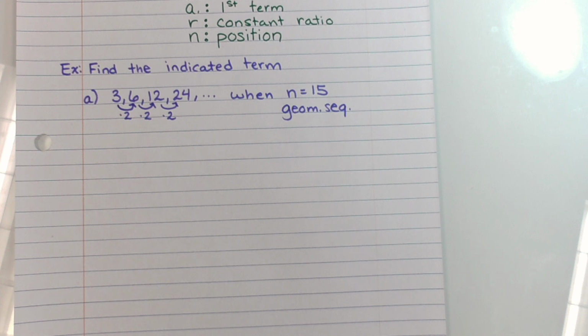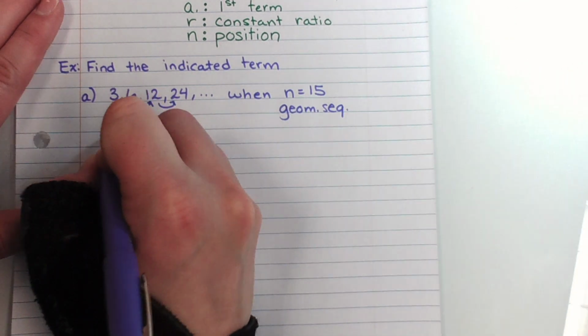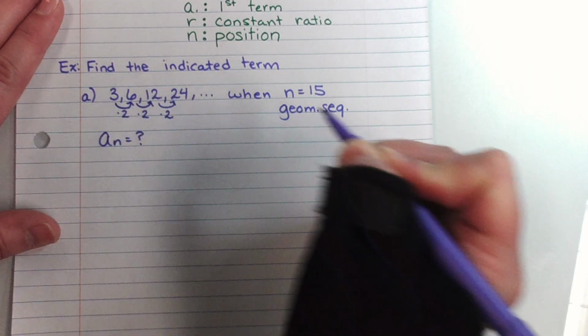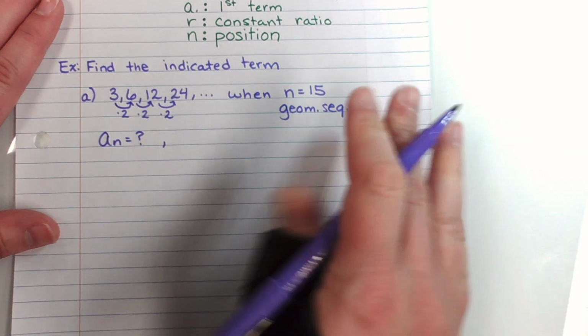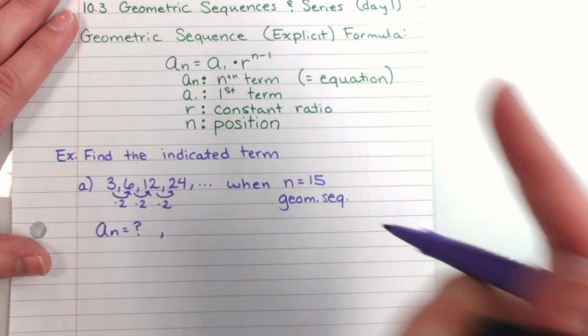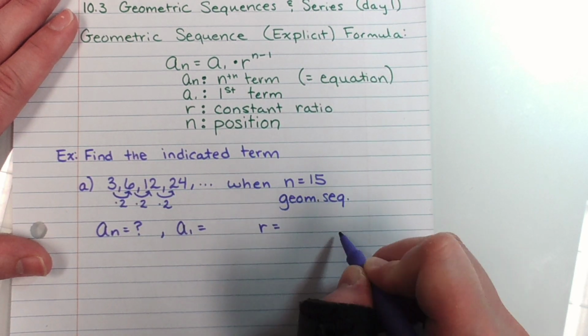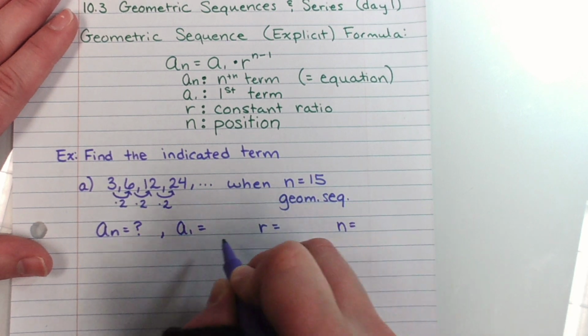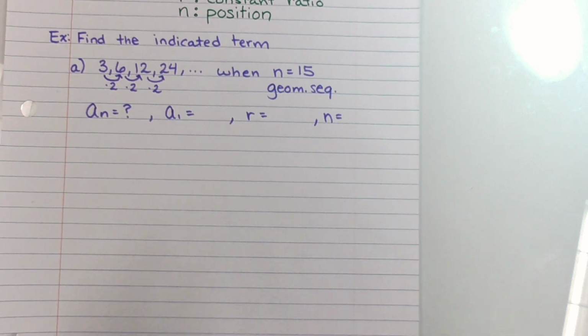So, geometric sequence. Now, in order to find an indicated term, I am looking for an a sub n. That is what I'm looking for. In order to find an a sub n with a geometric sequence, I've got this formula here. I need a sub 1, I need r, I need n. What is a sub 1?